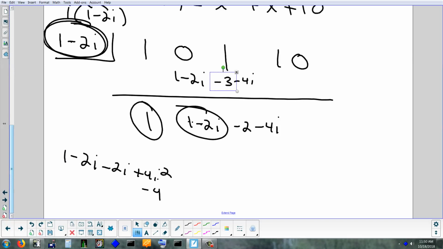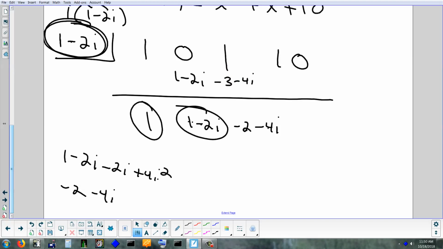Okay, and I'm hoping we get negative 10. That's what we should get. So let's see what happens. What's 1 times negative 2? Let's erase that. So we get negative 2. 1 times 4i. Negative 4i. So we're hoping for a plus 4i somewhere. What's negative 2 times negative 2i?